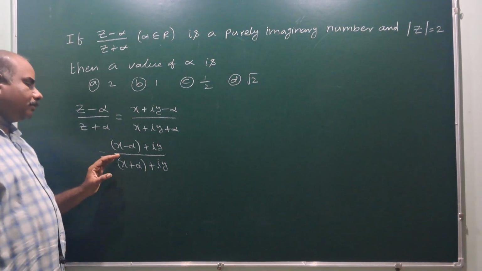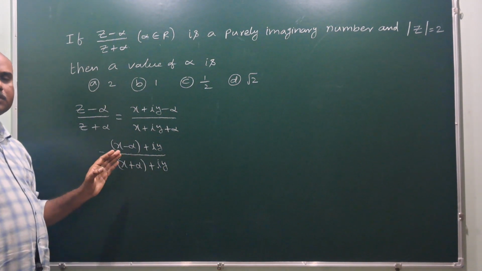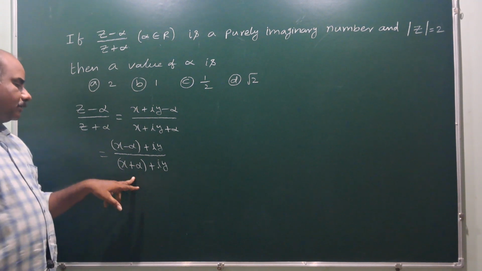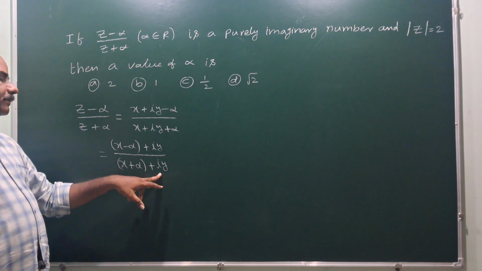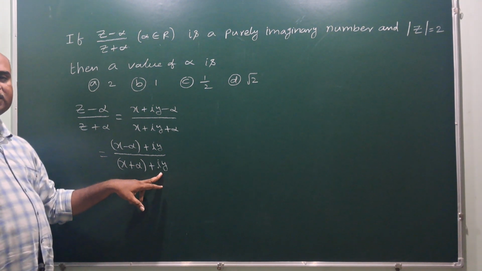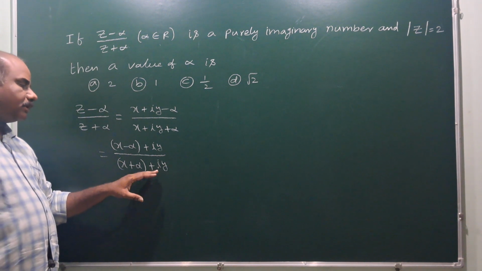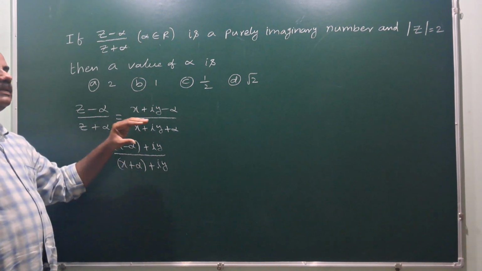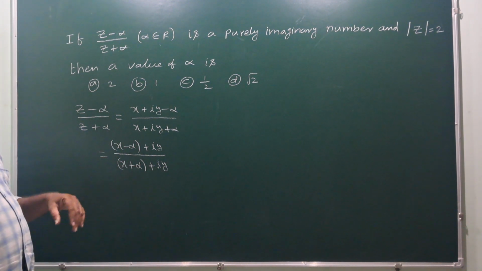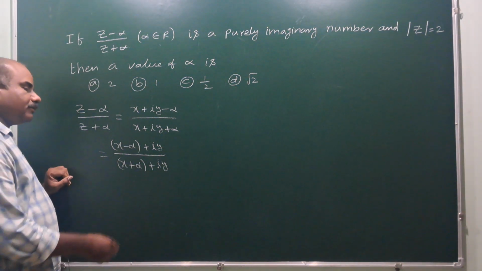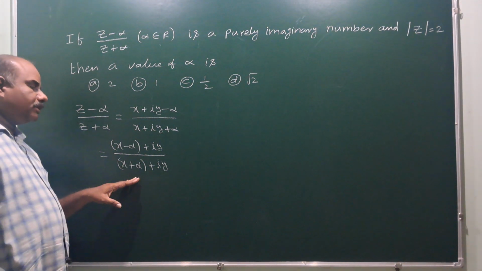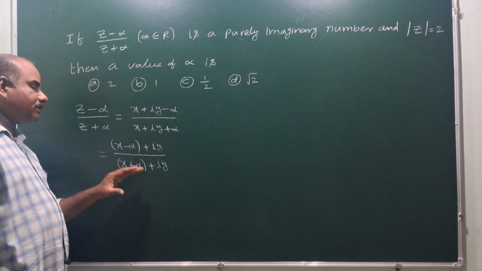So how to get the real part from this complex number? Since the denominator x plus alpha plus iy contains a complex number, we have to convert it into a plus ib form, then we get the real part. For that purpose we have to rationalize the denominator with its conjugate.